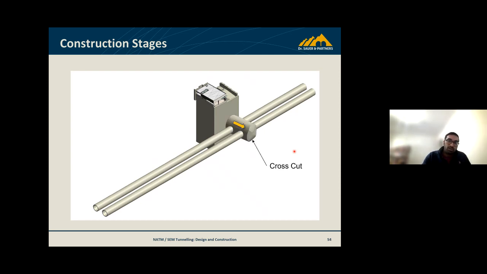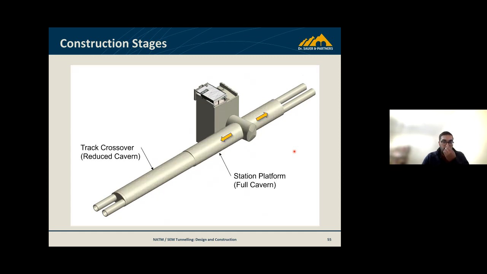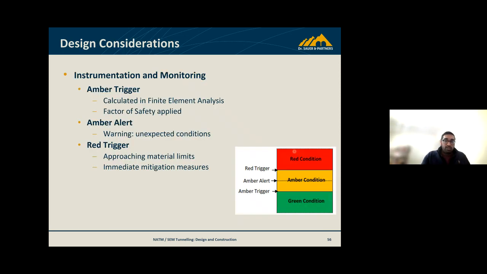But yeah, creating a crosscut coming out of there, which intercepts the two TBM tunnels, and then the caverns going either side from there. Design considerations, I think instrumentation and monitoring is quite important.